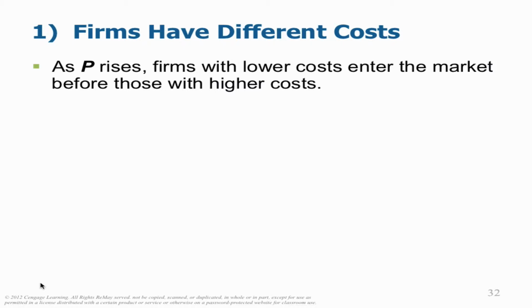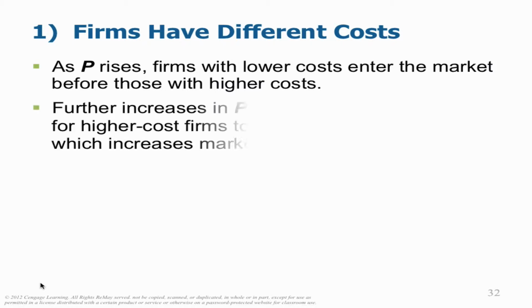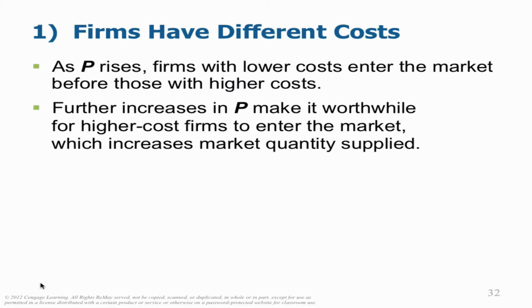Okay? So as P continues to go up, now the Northern California firm is going to enter the market because the average total costs have reached a point where they can actually get to zero profit.